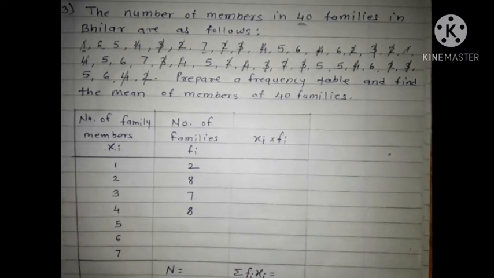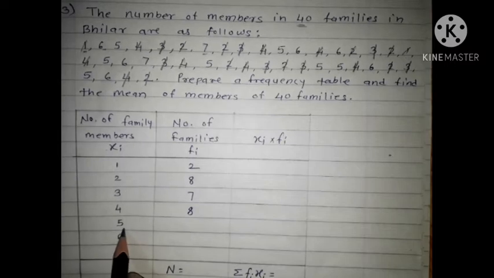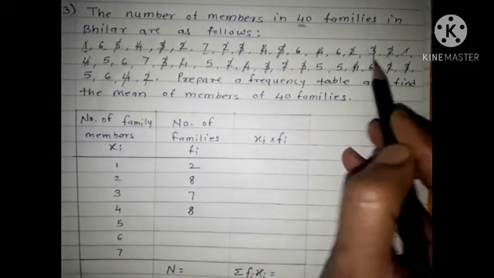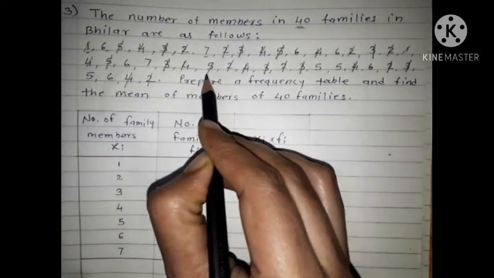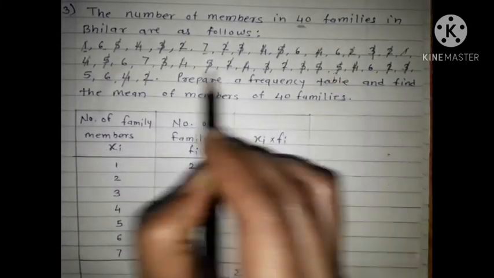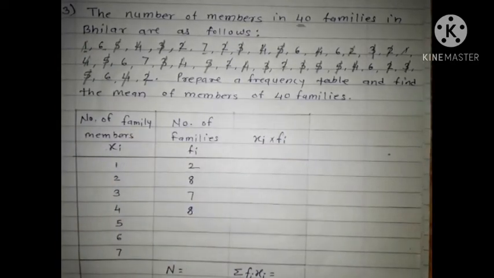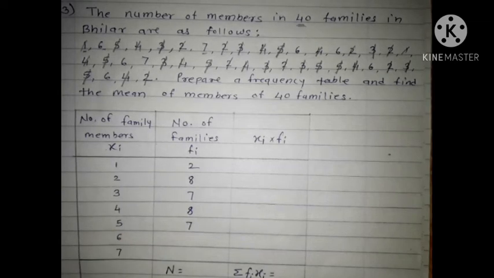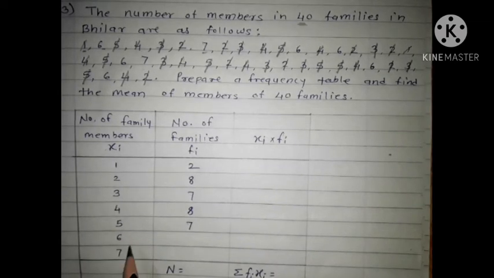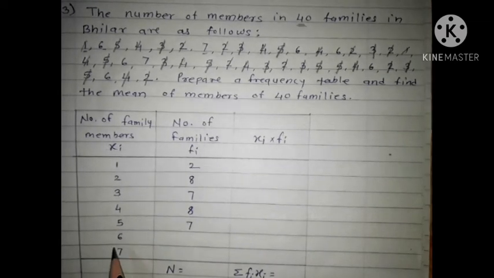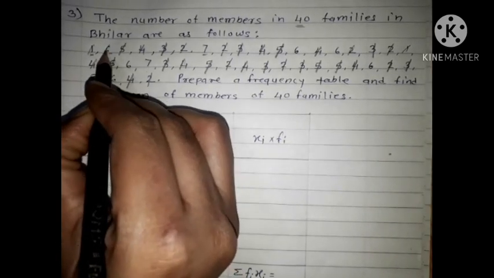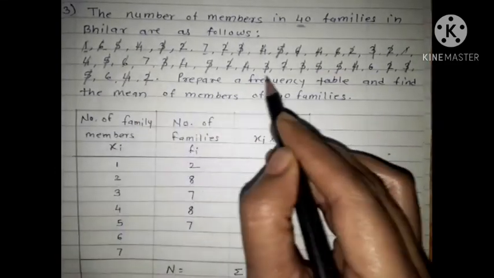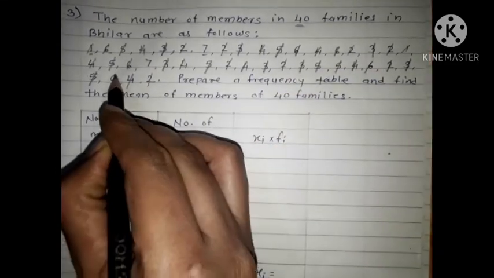Now we find the families having 5 family members. Count 1, 2, 3, 4, 5, 6 and 7. A total of 7 families have 5 family members. Now the families having 6 family members: 1, 2, 3, 4, 5 and 6.